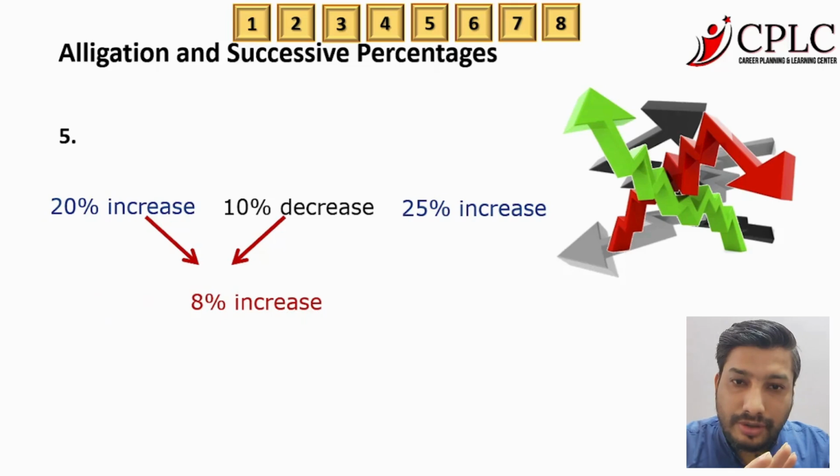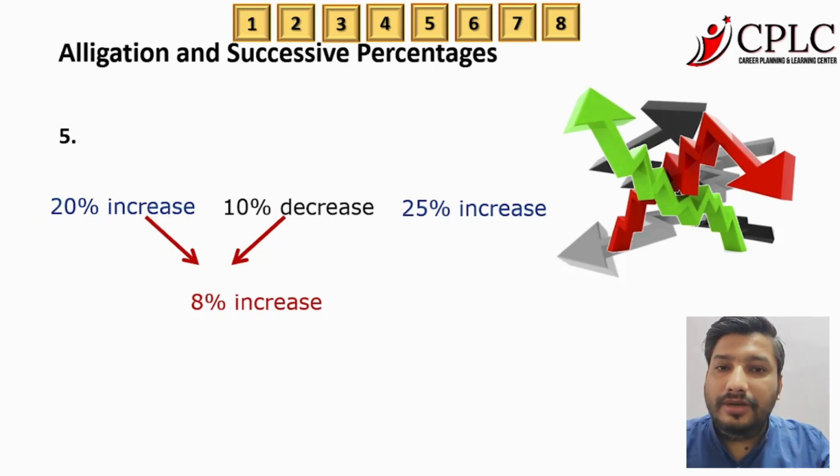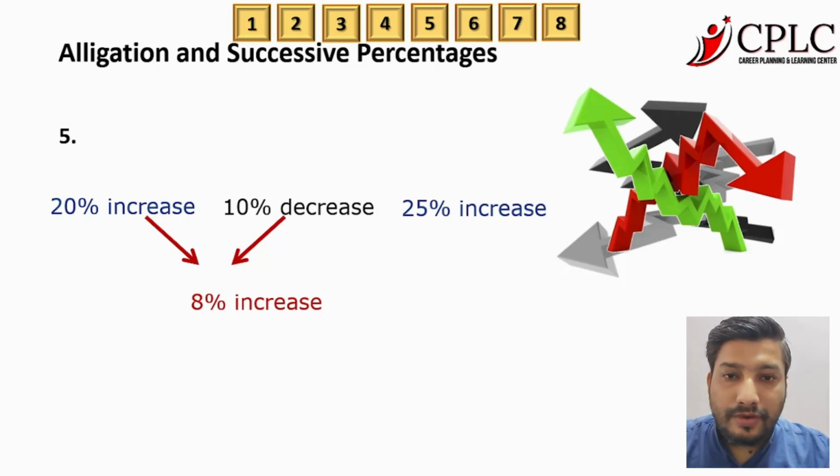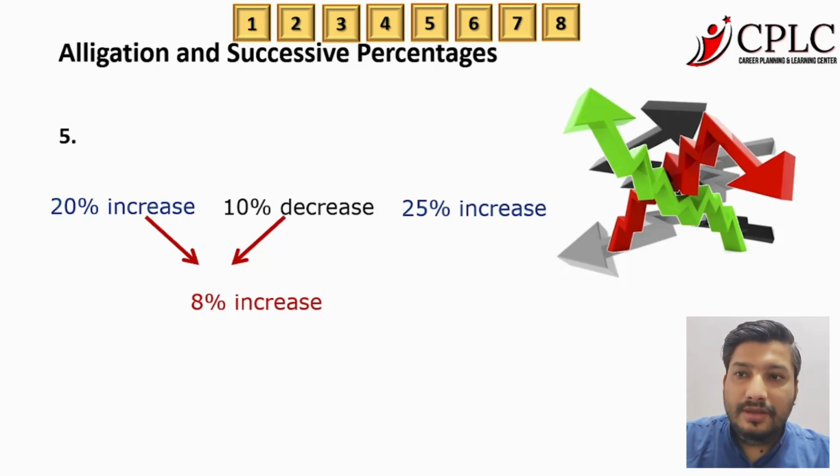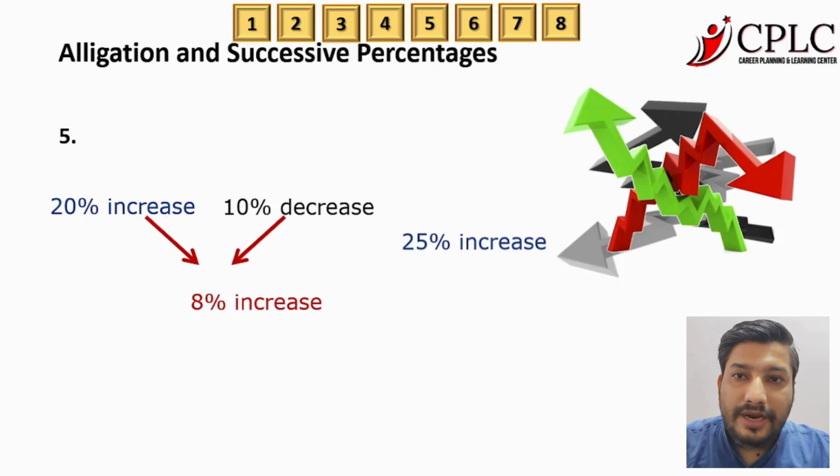But there was another number also. So what we will have to now do is do one more time successive with that third number with the result of the first 2 numbers. So now we are going to perform successive percentage one more time with 8% increase and 25% increase. So let's do that one more time.